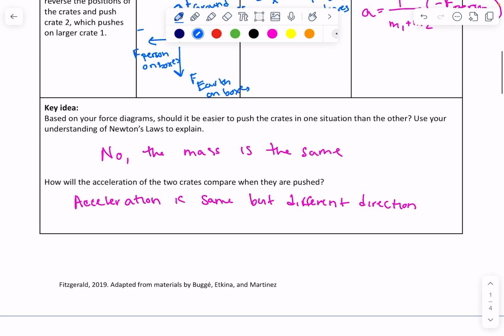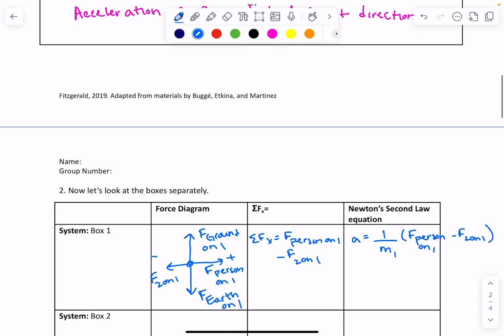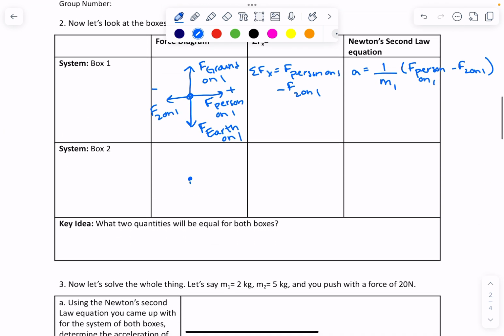Now let's look at box 2. So this time, instead of box 1, we're looking at box 2. For box 2, we don't have the force the person exerts because they're not directly touching the box. We only have force 1 on 2, and the ground and the earth. So we have force ground on box, force earth on box, and I should have put box 2 here.